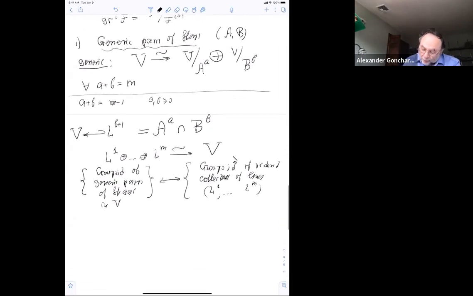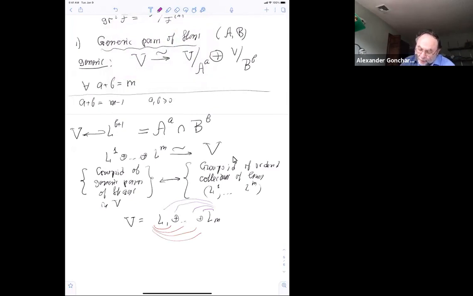And the equivalence works as follows. The vector space is reconstructed as a direct sum of those lines. And then if you want to reconstruct the flags, you either look from the left and get a filtration, or you look from the right and get the second filtration. So this is the pair of flags assigned to this collection of lines.